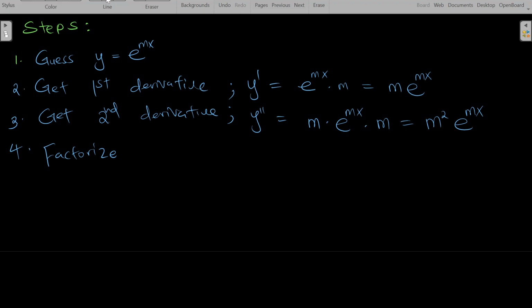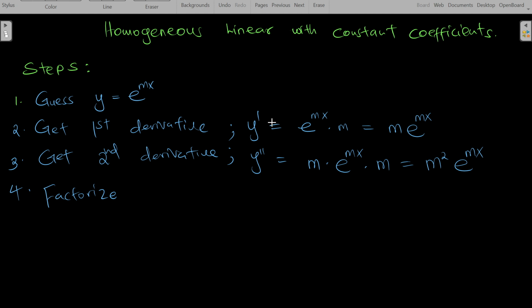Once you have already gotten your first derivative and second derivative, your next step is to substitute these values, the first derivative, second derivative, and the y term, into the differential equation that has been given, and then factor out e to the mx. If you factor out e to the mx, you'll remain with a quadratic, an auxiliary equation.